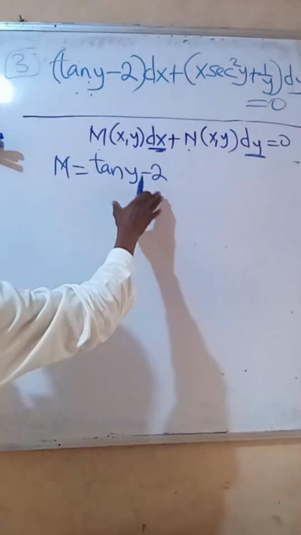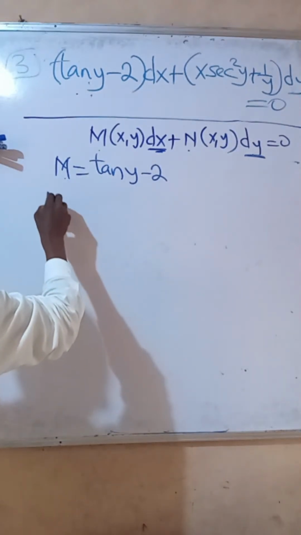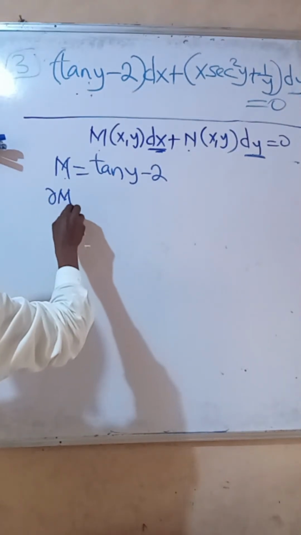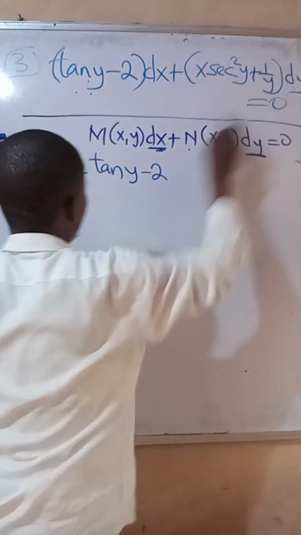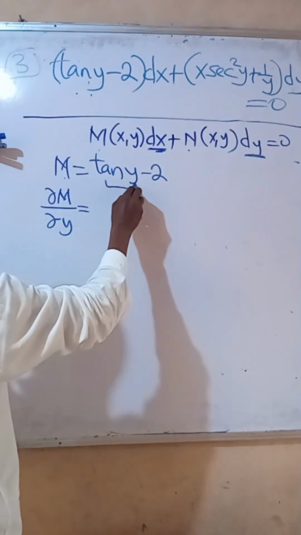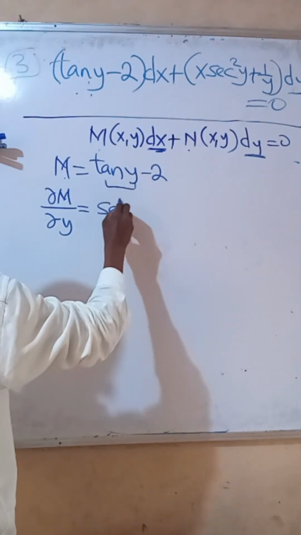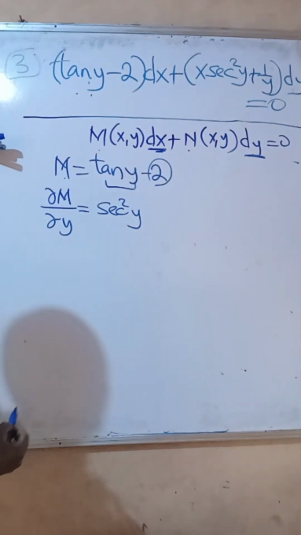So this is what we have for m. And we're going to differentiate this one partially, the m with respect to the other variable, y. When you differentiate tan y, that will give you sec square y. The other two are just constants, and that will be 0.